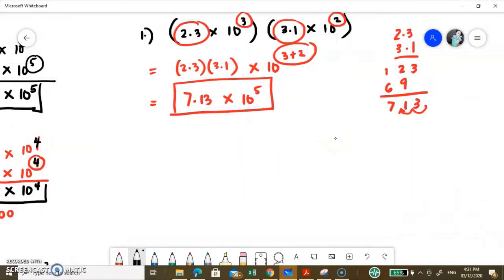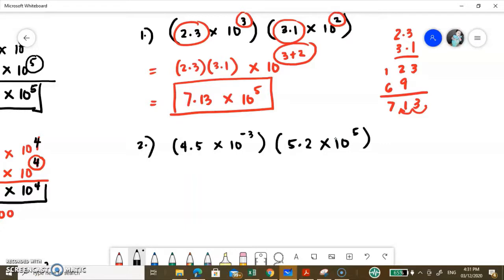Let us have another example. If you have 4.5 times 10 raised to, let's have negative 3, multiply mo siya sa 5.2 times 10 raised to positive 5. Okay?